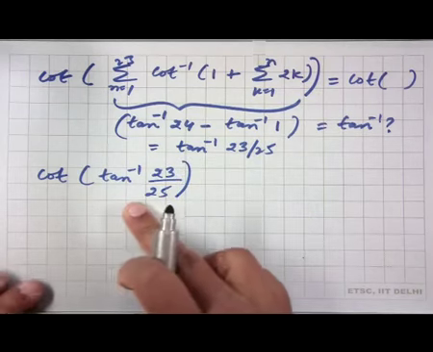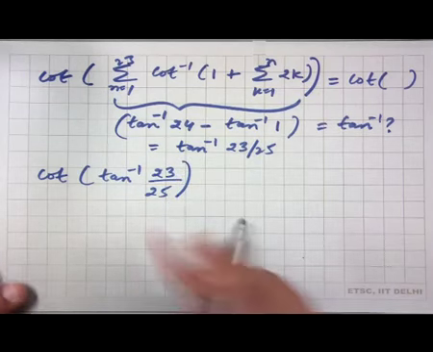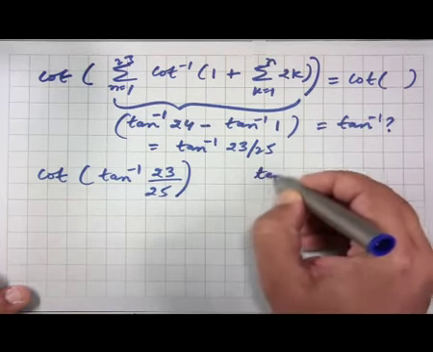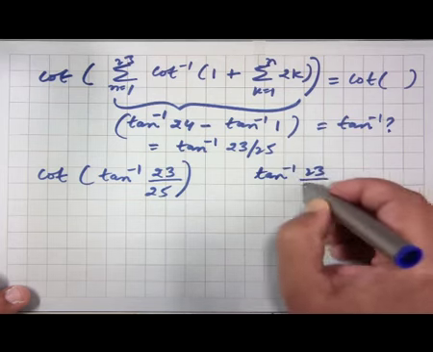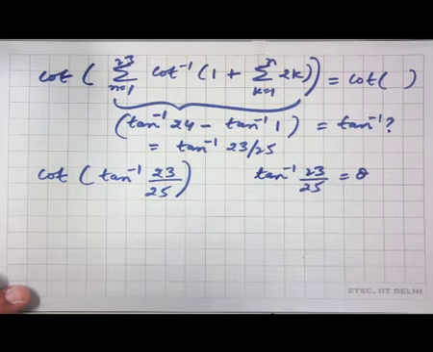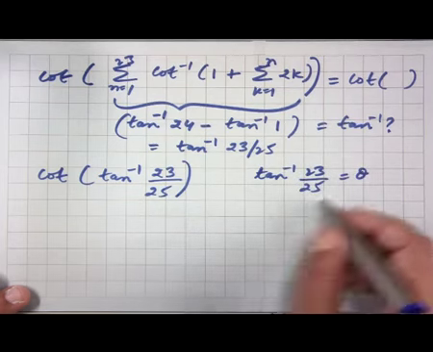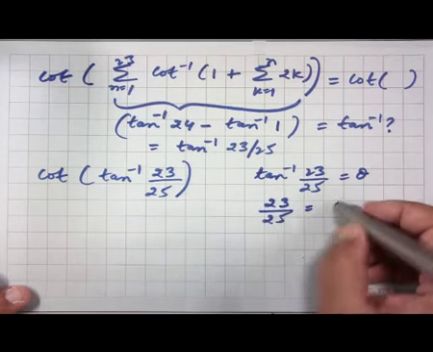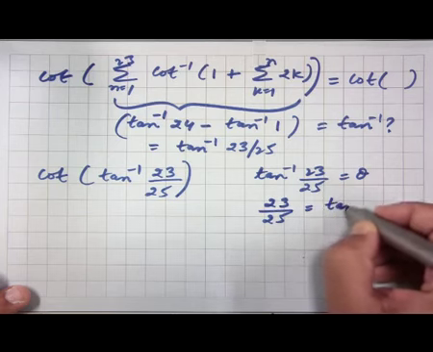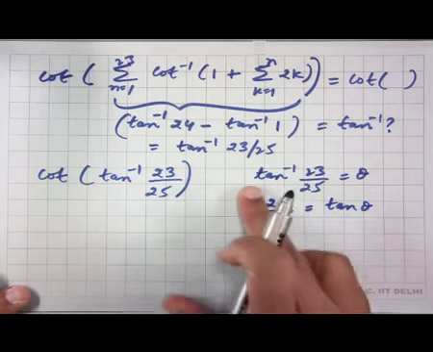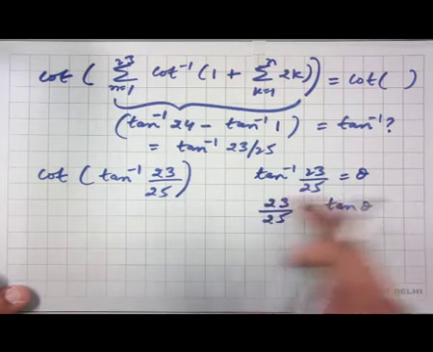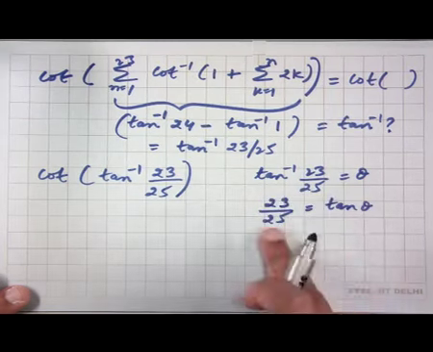And this can also be simplified further, because suppose we say that tan inverse of 23 by 25 is theta, then obviously it follows that 23 by 25 is equal to tan of theta, because we can apply the tan function on both sides of this equation.